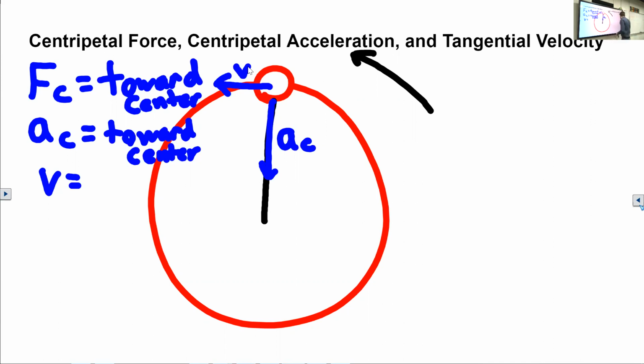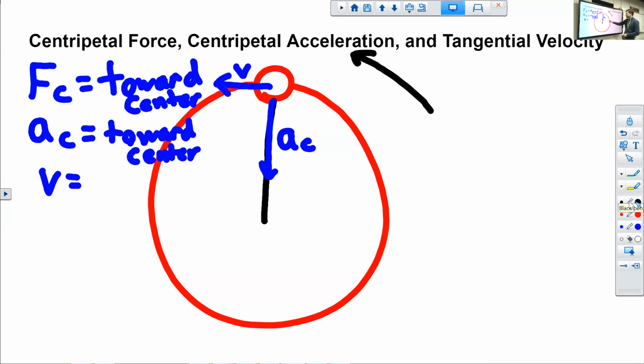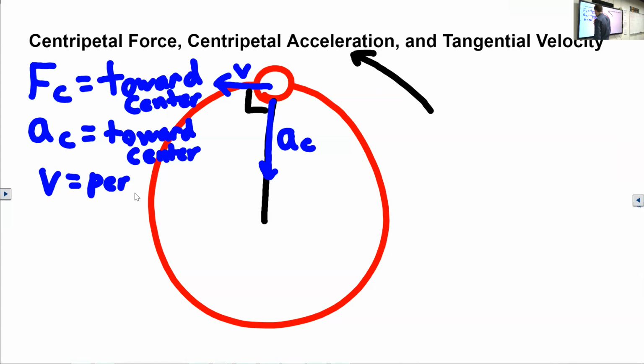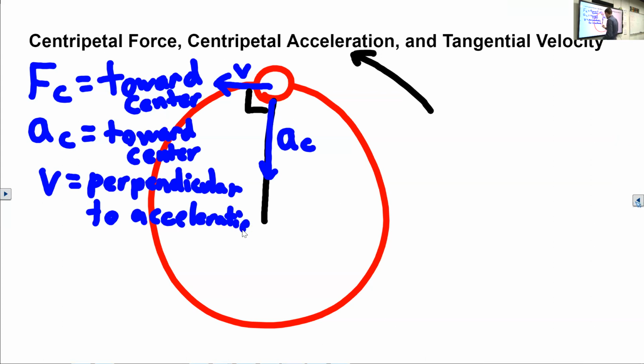What kind of an angle does this make? Yeah, it's a 90-degree angle between the speed and the acceleration. So velocity is perpendicular to acceleration.